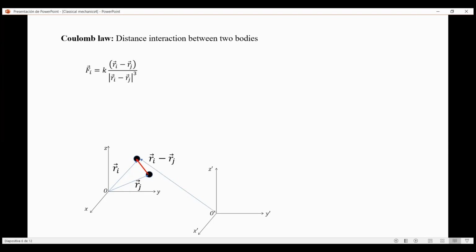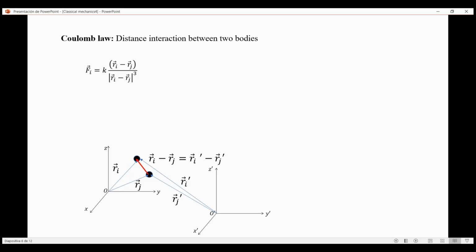Now refer to a reference frame O prime, X prime, Y prime, Z prime. The positions of these two particles will be simply r prime sub i and r prime sub j. But what is key here is that the distance between both particles, given by the vector r prime sub i minus r prime sub j, would remain the same.